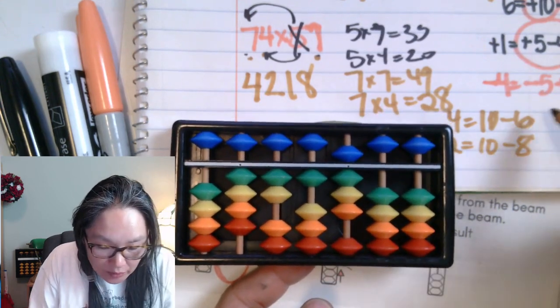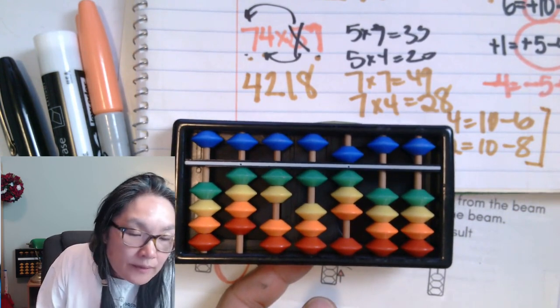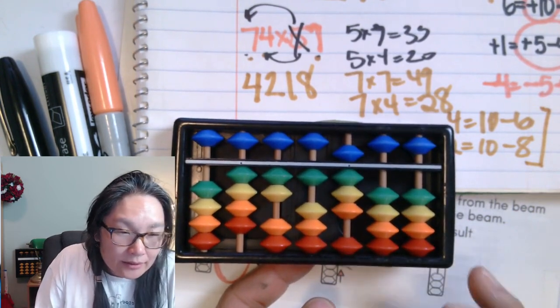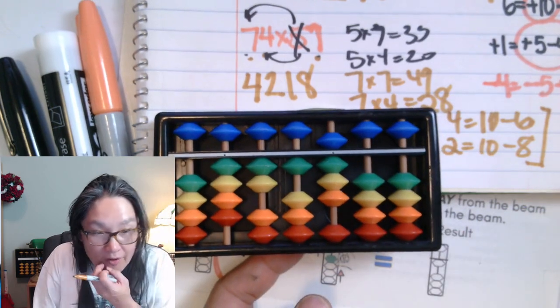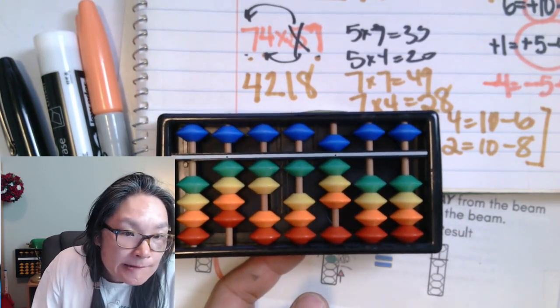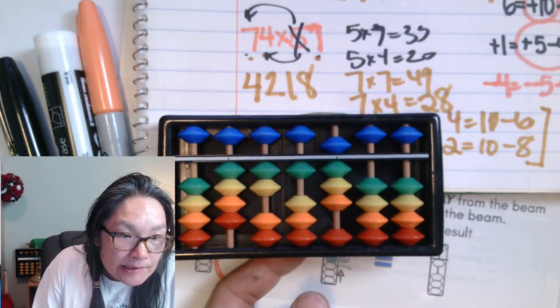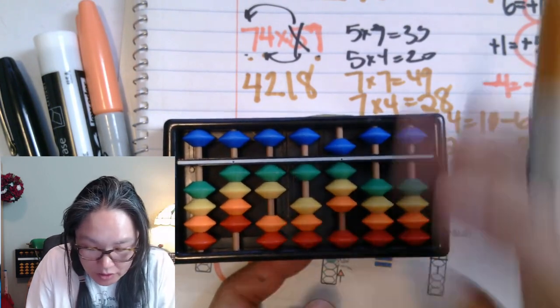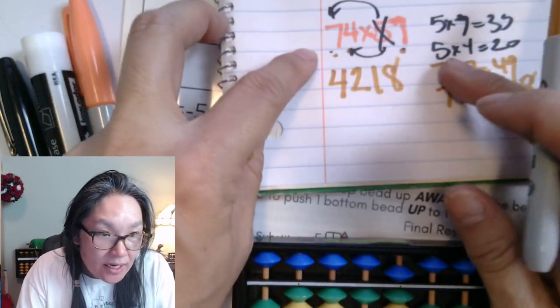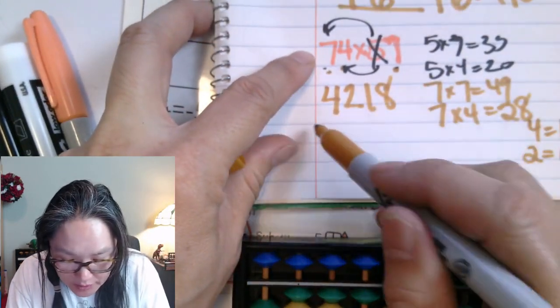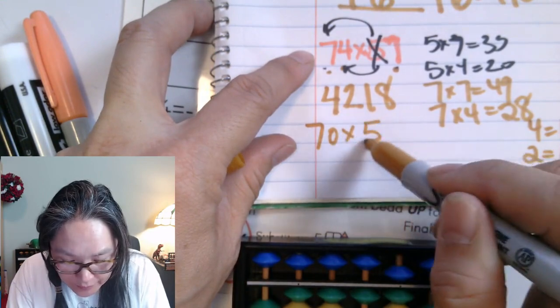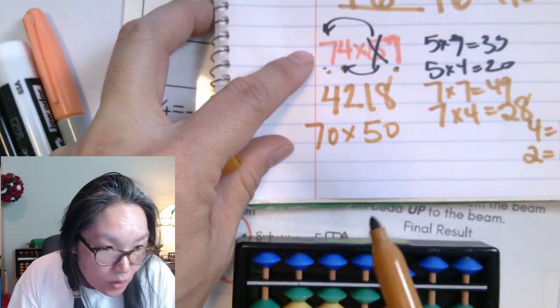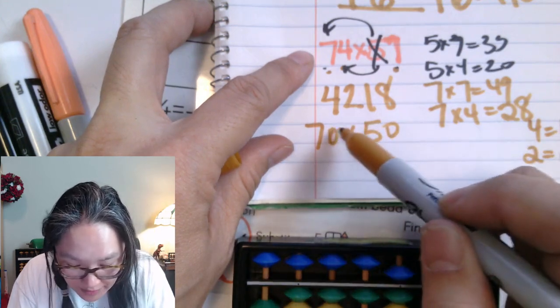So this is again our how to make a 10, our modified equation. And what we did, if you notice, we did not have to do new math. We didn't have to do 70 times 50. We just need to know 7 times 5.